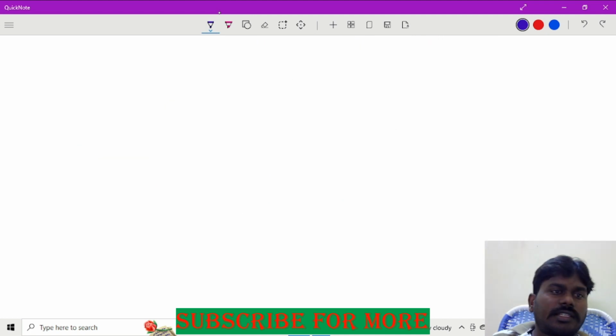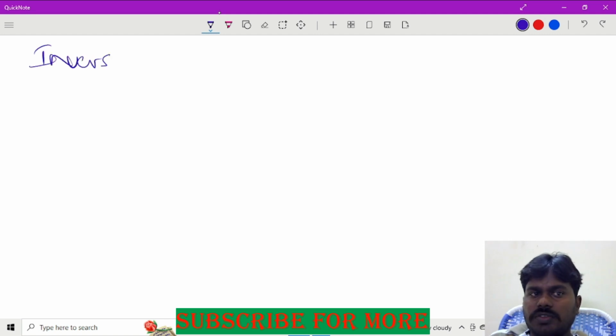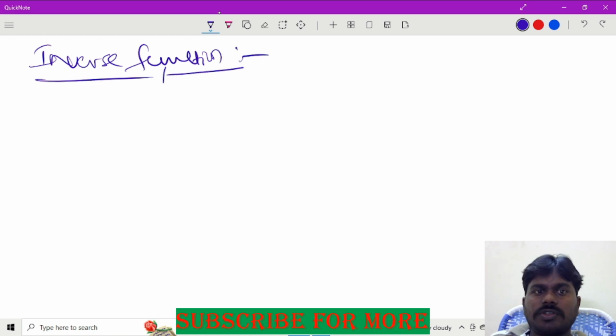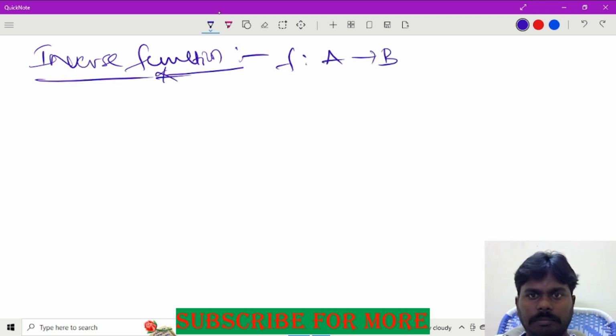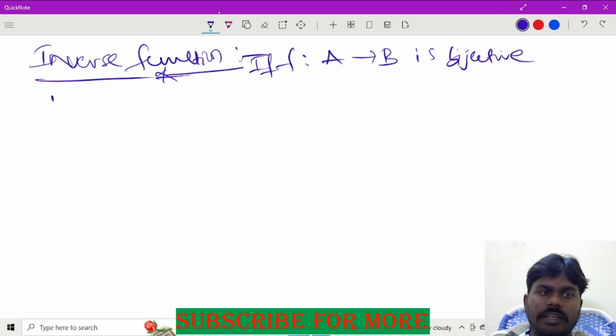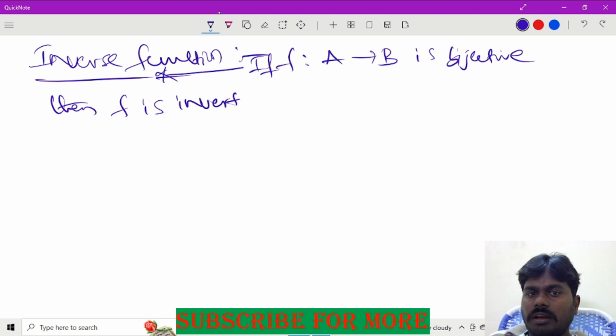Now next, inverse function. So here first define a function f from A to B. The inverse function is possible when the function f satisfies one-one and also onto, meaning bijective. If f from A to B is bijective, then f is invertible.